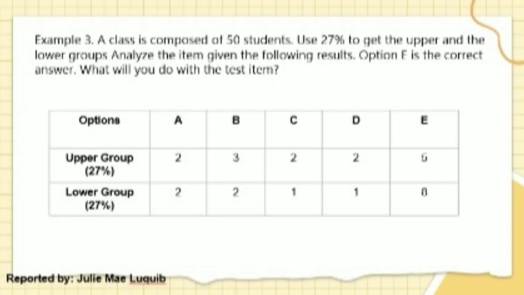Options A and C we need to retain because most of the students who did not perform well in the overall examination selected them, so options A and C are effective distractors. So let's continue to example number 3.